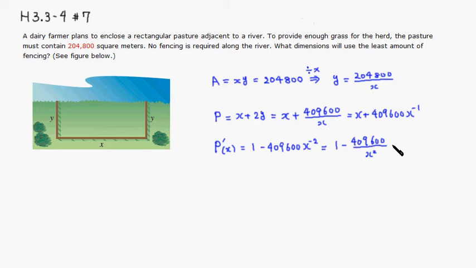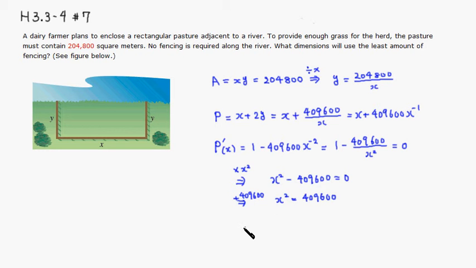If we set that equal to 0, then we multiply both sides by x squared. So we have x squared minus 409,600 equal to 0. Then we can just add 409,600, so you have x squared is equal to 409,600.